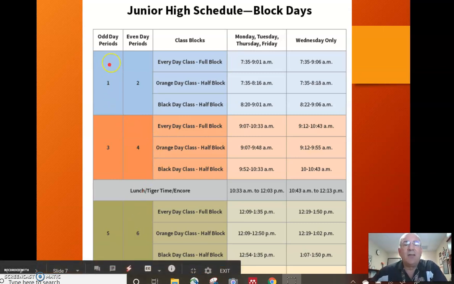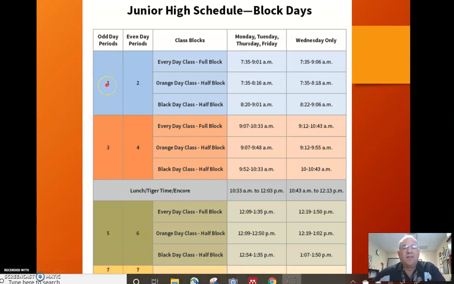If a student has an everyday class, they will go for the whole 90 minutes during that block. If a student has an every other day class, on orange days they would go to the first skinny, as we call it, which would be about a 45-minute class, and then they would transition and have a little time to get to the black day class.